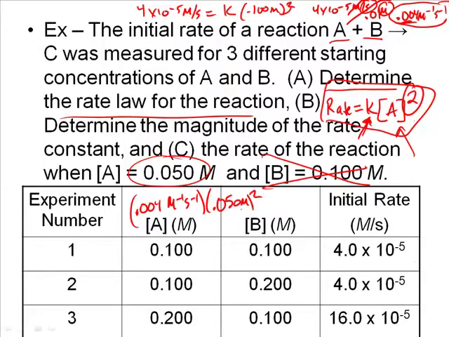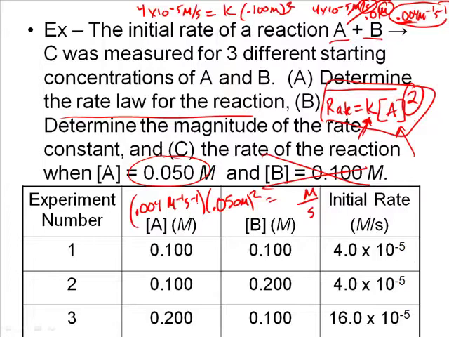So you're going to have a molarity squared on top, you're going to have a molarity to the minus 1 on the bottom, so those are going to cancel. So you're going to have one of the molarities left on top and seconds left on the bottom.